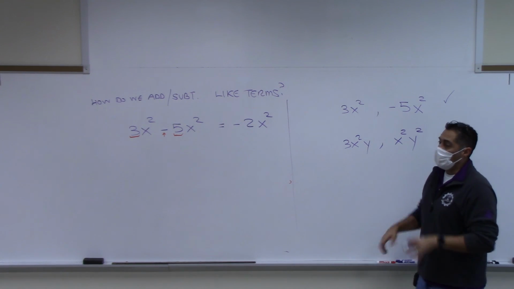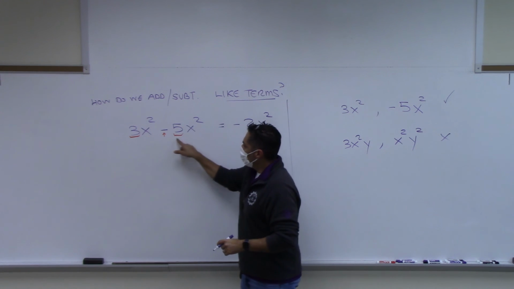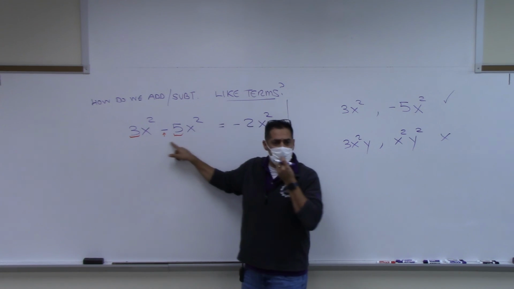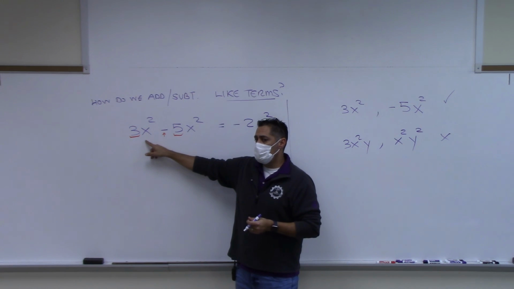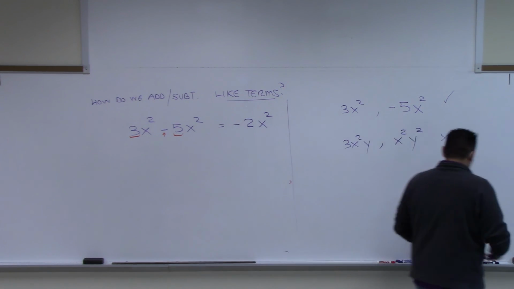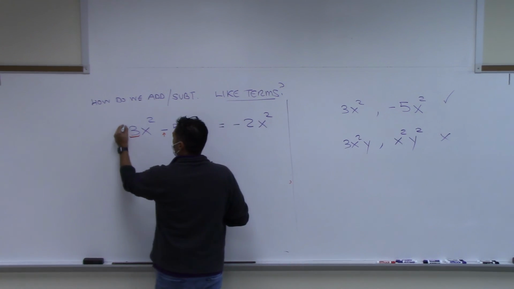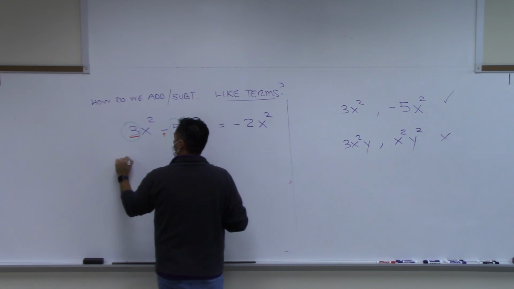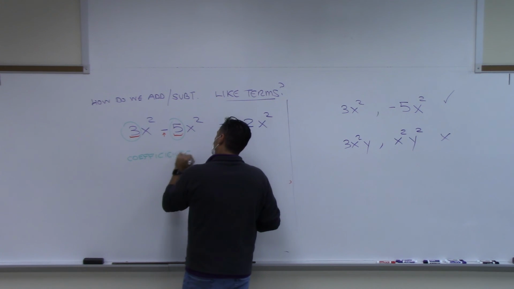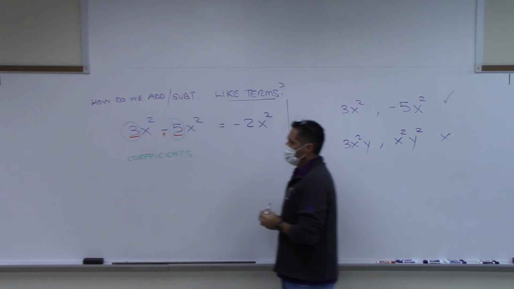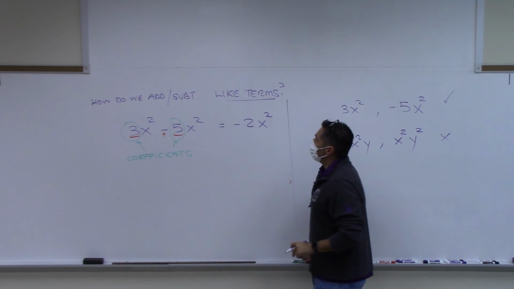So for all like terms, this is how we add and subtract. You add or subtract the numbers in front. Okay? These numbers in front, you know what these numbers are called. More language here. This right here and this right here are called coefficients. Now, the only reason I'm telling you that is because if you were to say, hey, how do you add and subtract like terms?